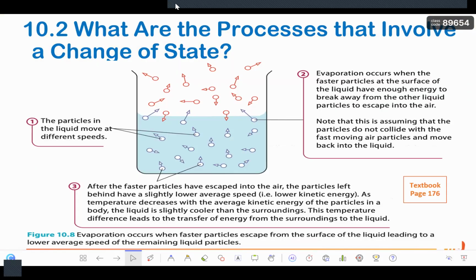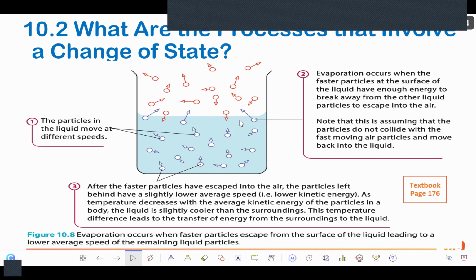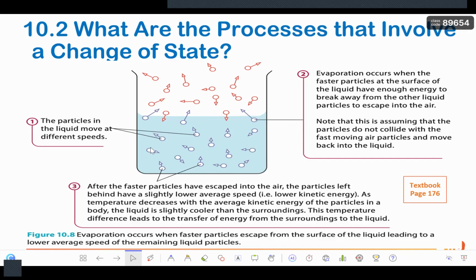Okay, so this picture can be found in your textbook. This is exactly how evaporation takes place. Over here, you have a beaker of liquid, and all the liquid particles are constantly moving. They slide past each other in random directions. Some of the molecules may have slightly more energy, some may have slightly less energy, so they move at slightly different speeds.